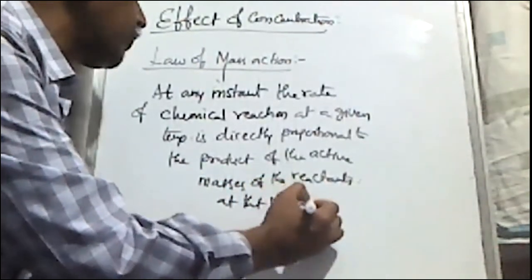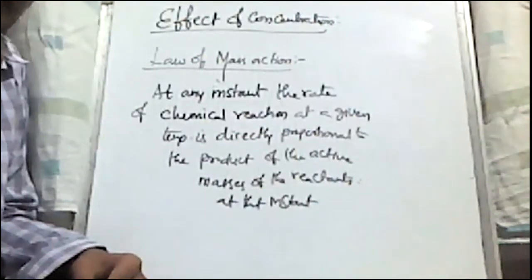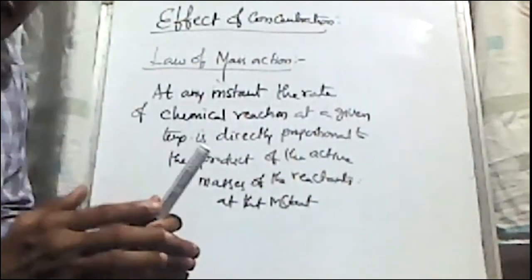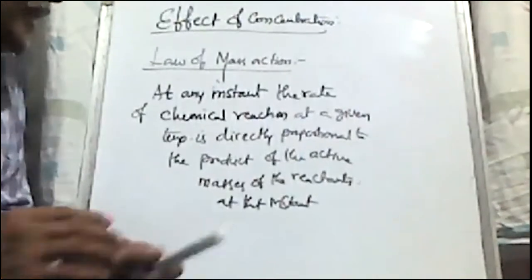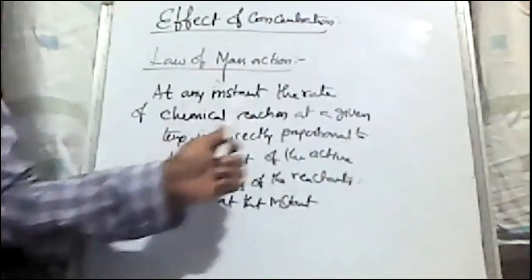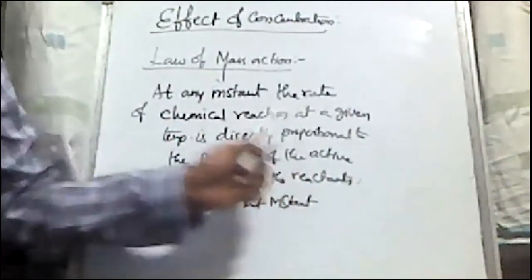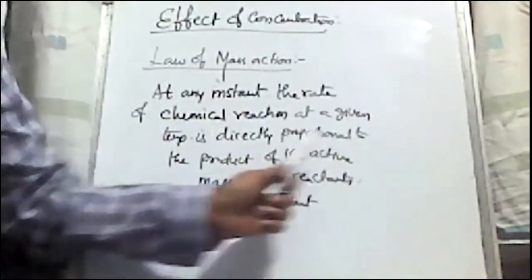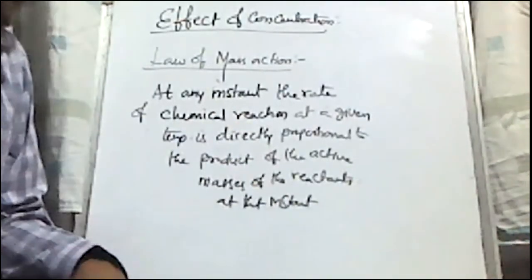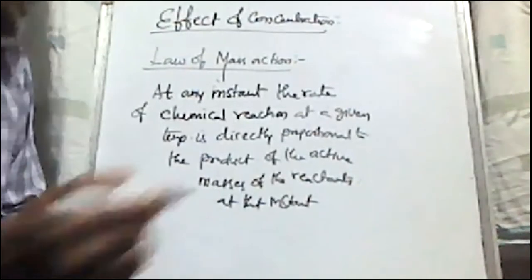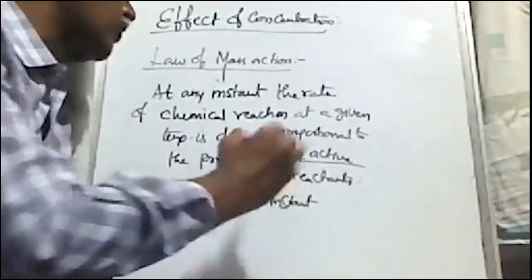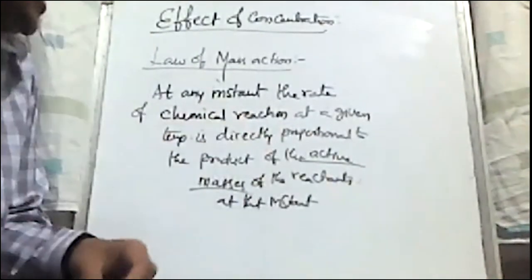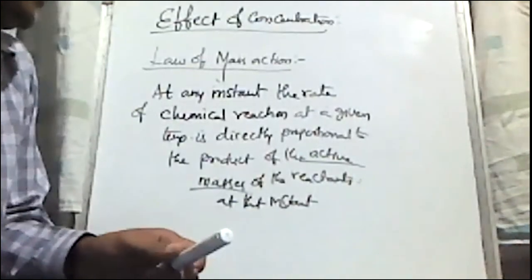Whatever reactants are present at a given time, the rate is directly proportional to those. The rate of any chemical reaction is directly proportional to the product of the active masses of the reactants at that instant.